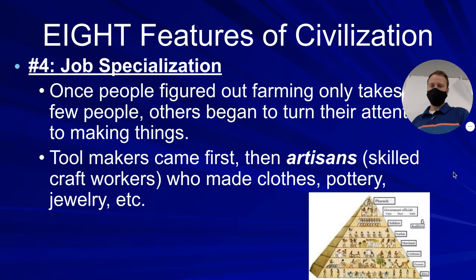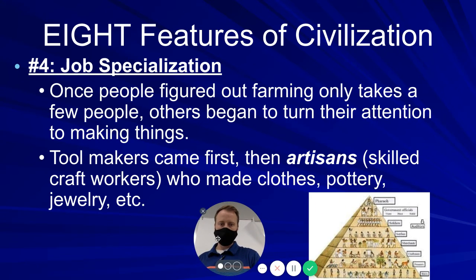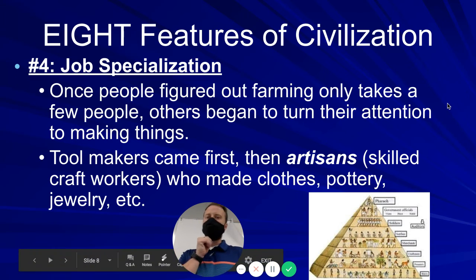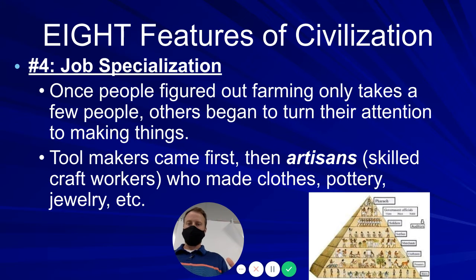Number 4, job specialization. I'll move myself down here, get out of the way. Job specialization. So this is that each person would grow out of only farming. It would no longer be for just the basic life.